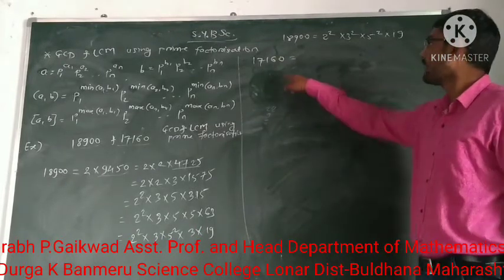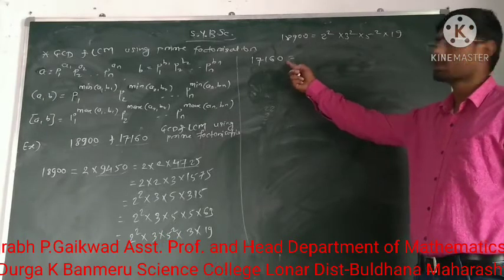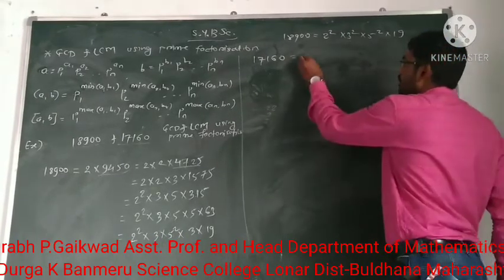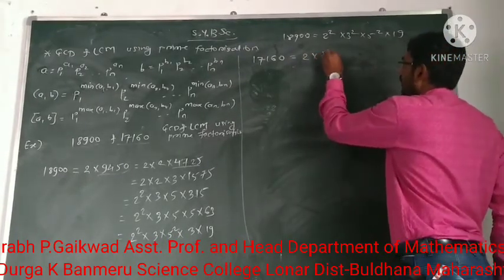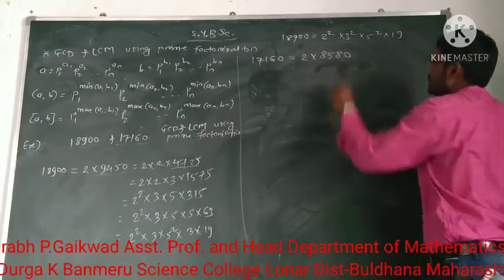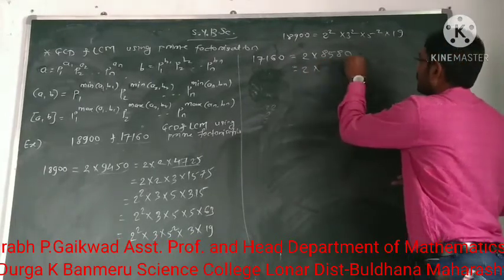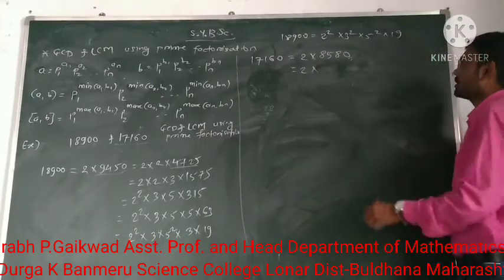Okay, now look at this. At the unit place there is an even digit, so we can divide this number by 2. So this is equal to 2 into 8580. Then again the unit place is even, so we can divide by 2 also.